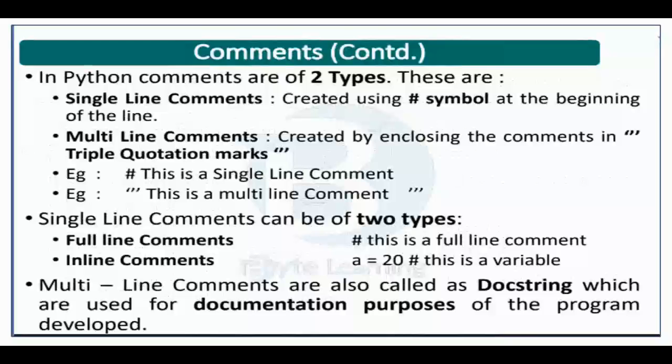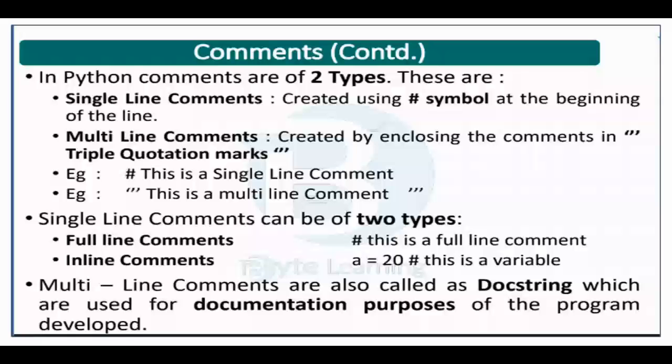Let me show you the types of comments in Python programming. There are two types of comments in Python. One is the single line comment and the other is the multiple line comment. Single line comments are given by the hash symbol, whereas multiple line comments are also called docstrings and are given through triple quotes.